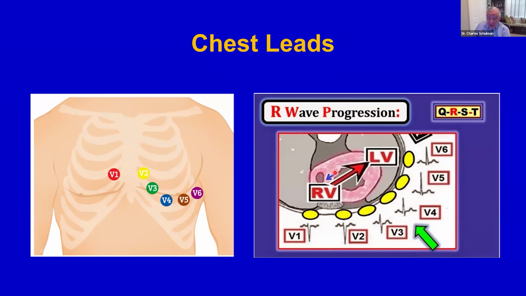Depolarization of the ventricle starts from left to right, therefore you have a little R wave, and then a large vector to the left, giving you an S wave. Whereas in these leads over here, there may be a tiny Q wave followed by a large R wave.